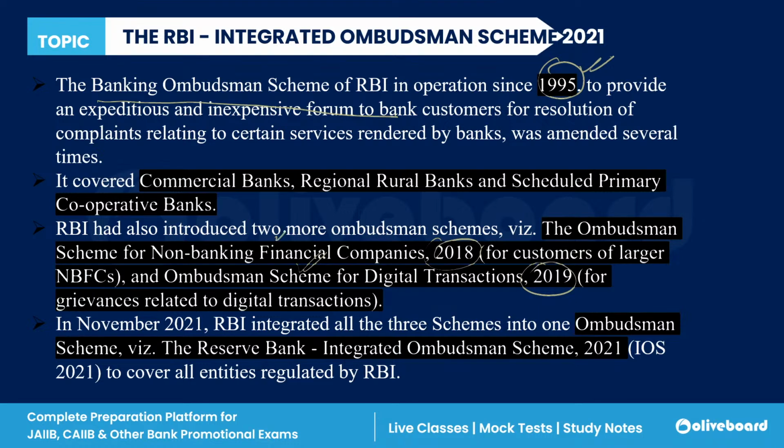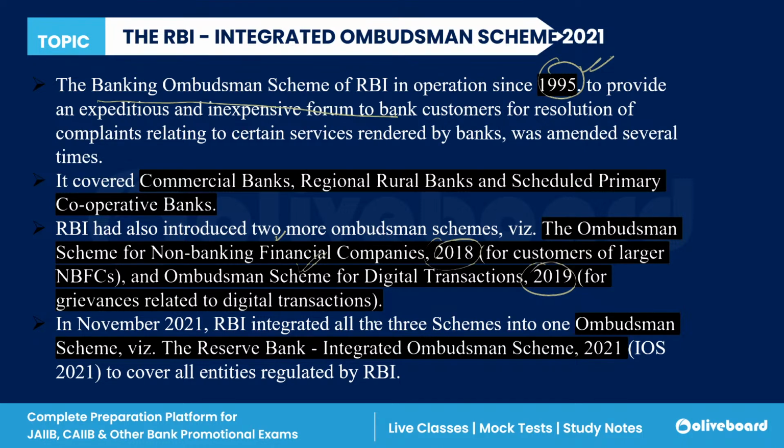The NBFC scheme is for handling the grievances of customers related to the larger NBFCs. The second scheme was related to digital transactions. The first scheme was related to banking. So these were the three different schemes which were working.